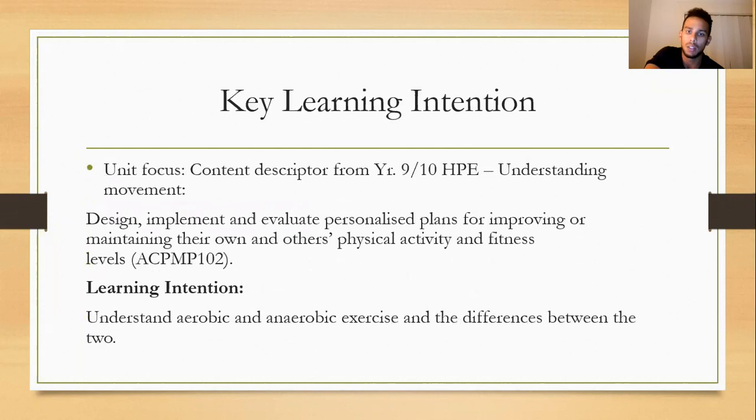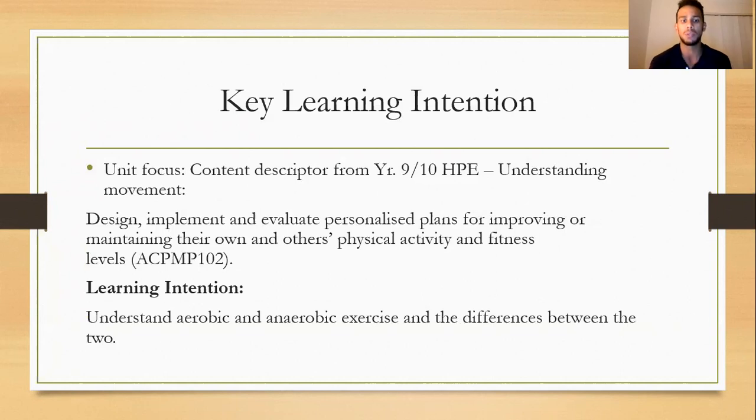All right, so the learning intention. This content descriptor is taken straight out of the Australian curriculum, and the focus was designing, implementing, and evaluating personalised plans for improving or maintaining their own and others' physical activity and fitness. So the learning intention was to understand aerobic and anaerobic exercise and the differences between the two.